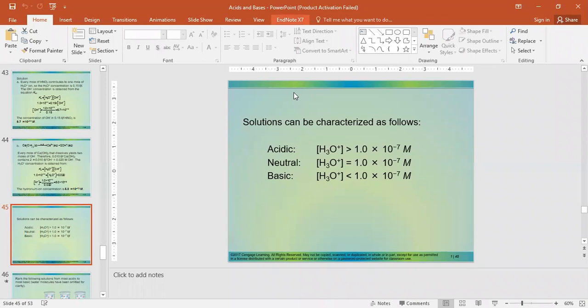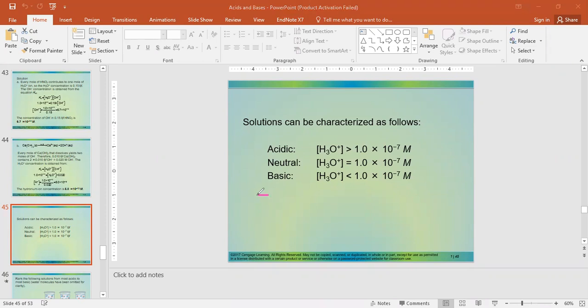A neutral solution is when the concentration of the hydroxyl ion and the concentration of the hydronium ion are exactly the same. Let me go back to the ion product.